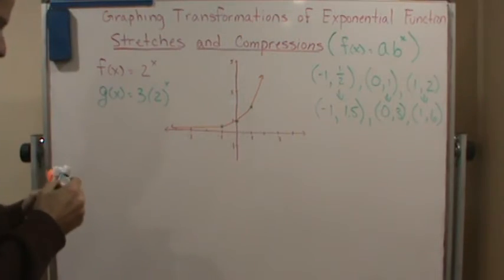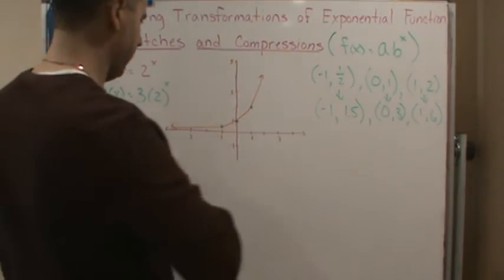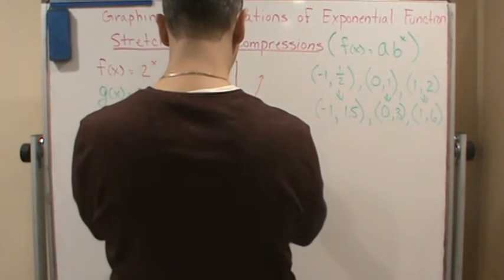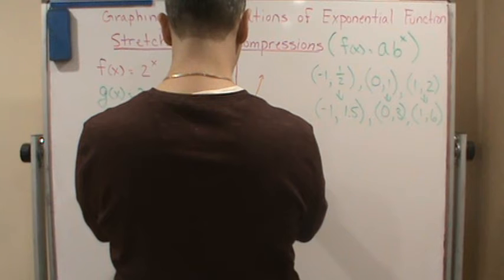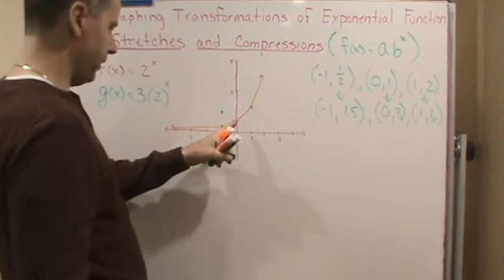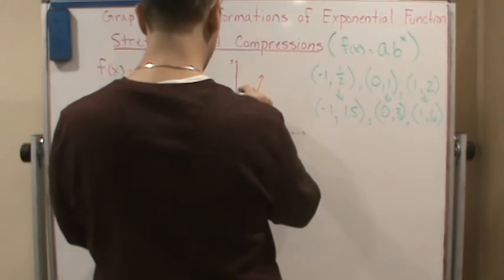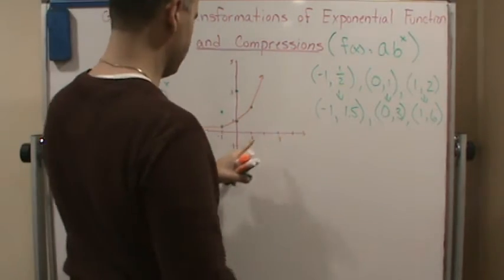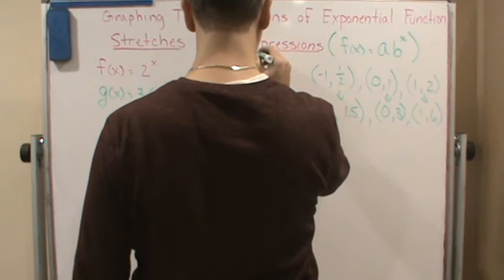And so now what happens? Well, this point is going to go up to 1.5, so that's going to go to here. This is going to go up to 3. And this one's going to go up to 6, way up here.